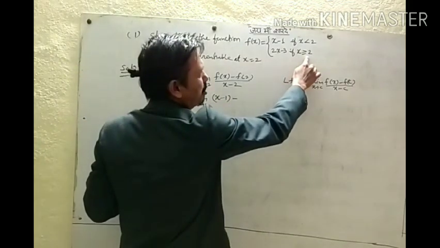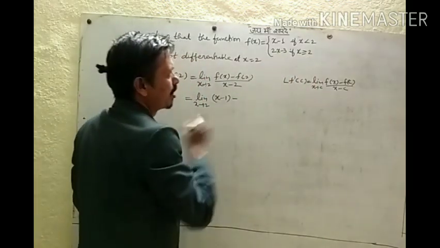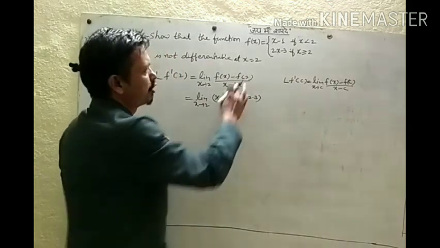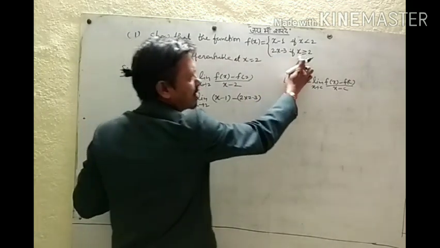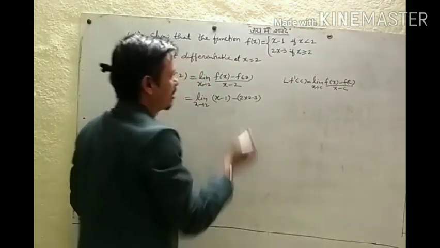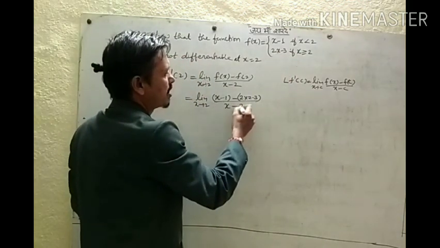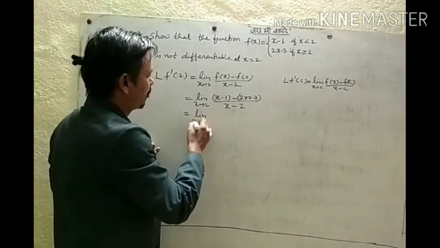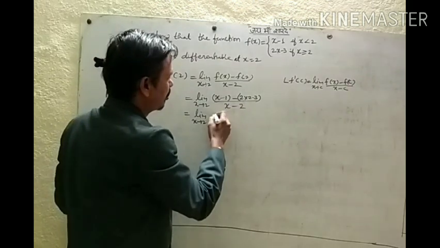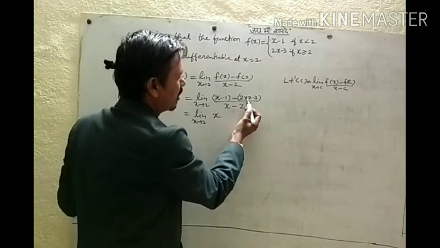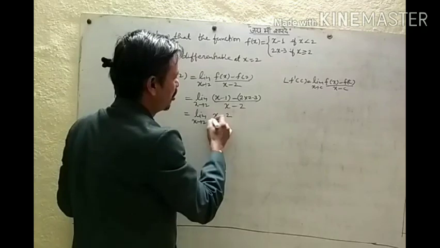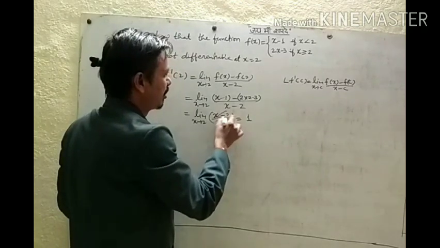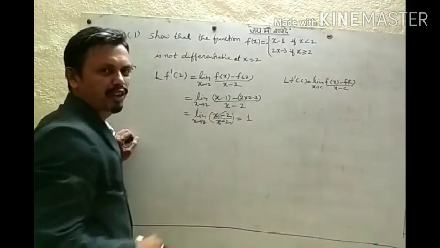When x equal to 2, f of x is 2x minus 3, so f of 2 will be 2 into 2 minus 3, upon x minus 2. So it is equal to the limit of (x minus 1 minus 1) upon x minus 2, which is x minus 2 upon x minus 2, equal to 1. Now both cancel. So the limit of a constant will be the same, 1 only.